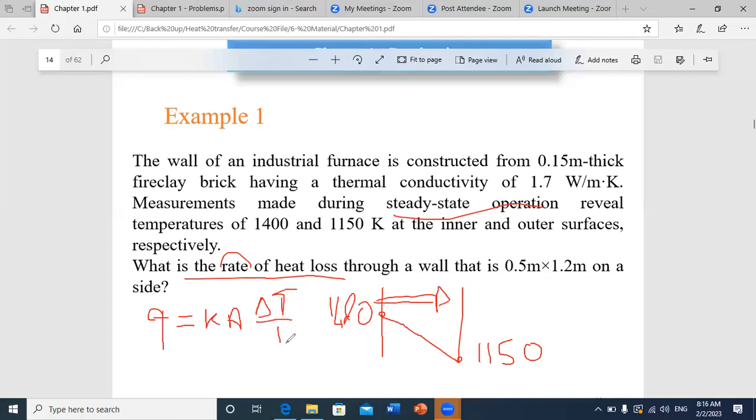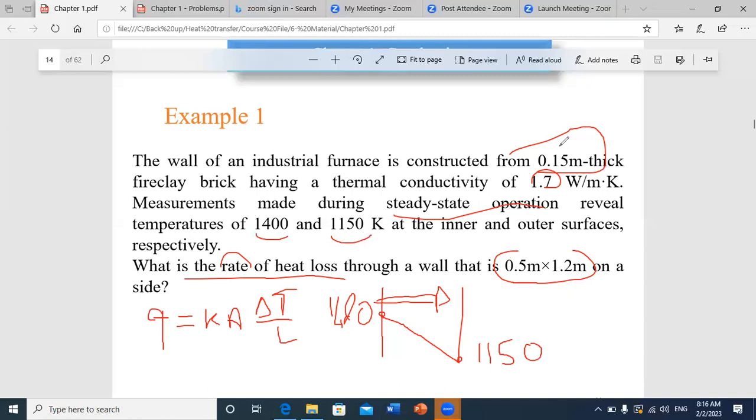You have all information needed. Just please pay attention to units. Here all units are already well given. In case, for example, you have thickness in millimeter, don't forget to convert it to meter. So you have K is 1.7, your area is 0.5 times 1.2, delta T is the difference 1,400 minus 1,150, over the thickness, which is 0.15.